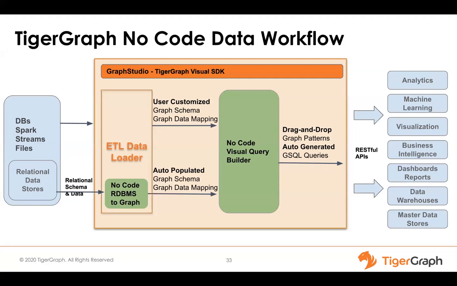And then through the no-code visual query builder, you can drag and drop and generate the graph patterns, and then also transfer the data and query results into the downstream analytics, machine learning, visualization, and other tools. And of course, the no-code visual query builder can also work on data that's not going through the migration path, but just through the normal ETL data loader.